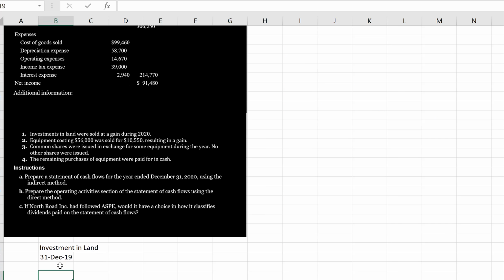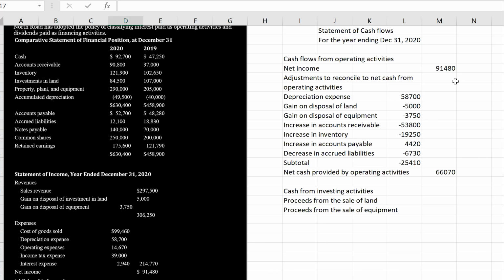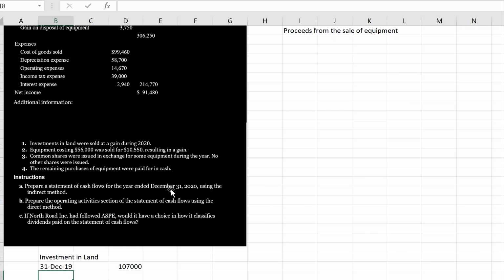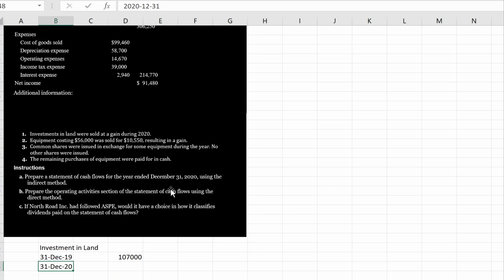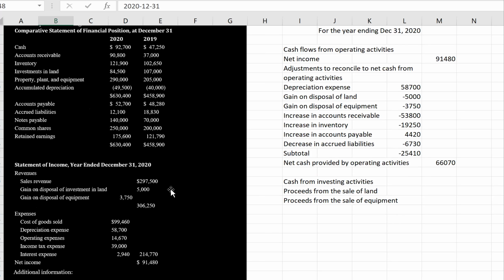Balance is going to be, what did we start with there? We started with investment in land, 107,000. And then we're going to have our December 31st, 2020 balance, which is investment in land, 84,500.